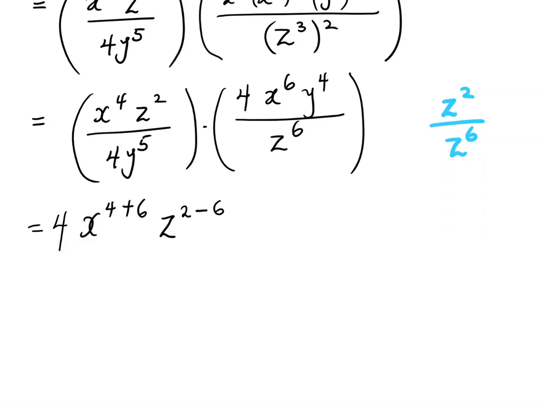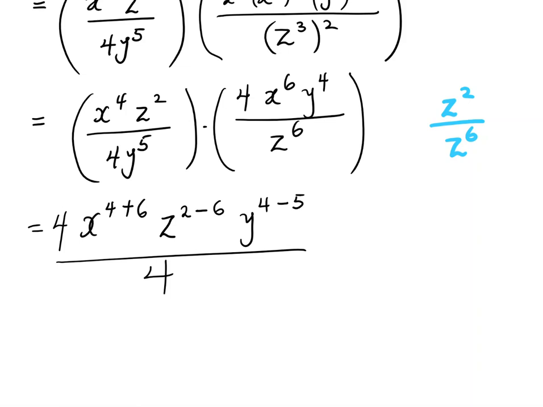So what of our y? So we have y raised to power of 4 here, then y raised to power of 5. Again, just like this, so this is minus 5 because it is division. Y raised to power 4 divided by y raised to power of 5. Divide by what? Remember, we have 4 here. Well, one thing you can do is that you could have cancelled this out here.